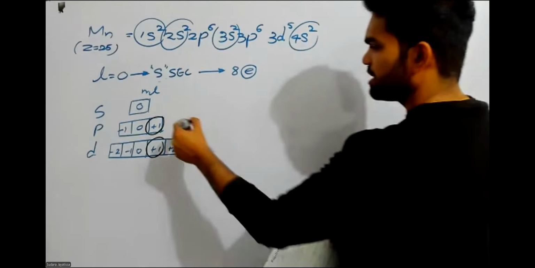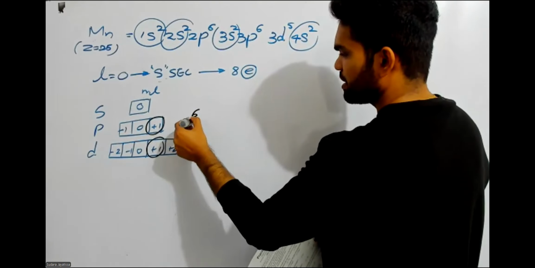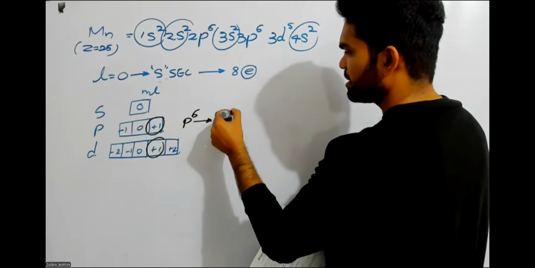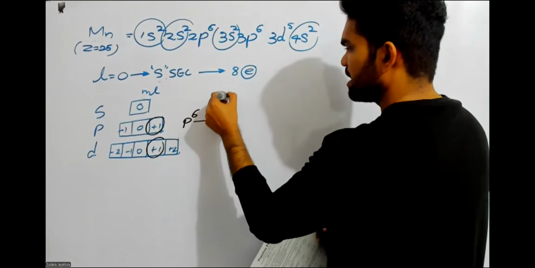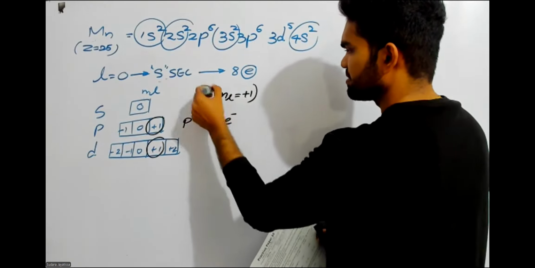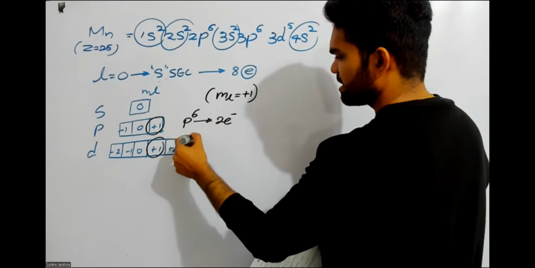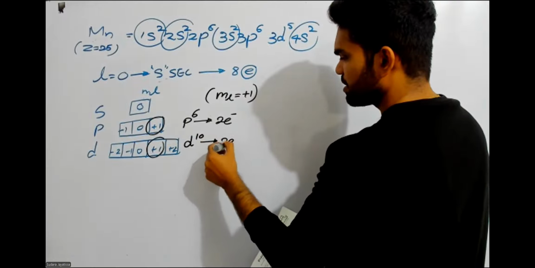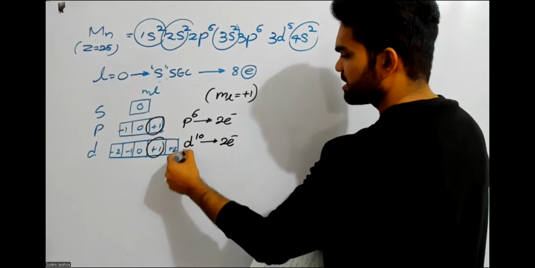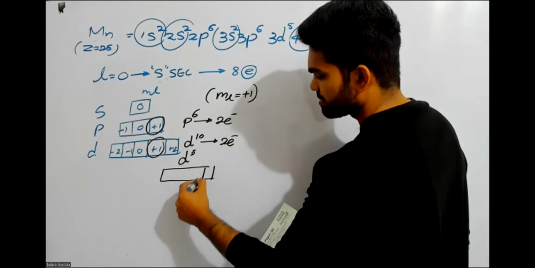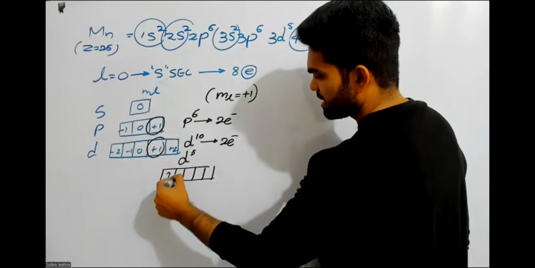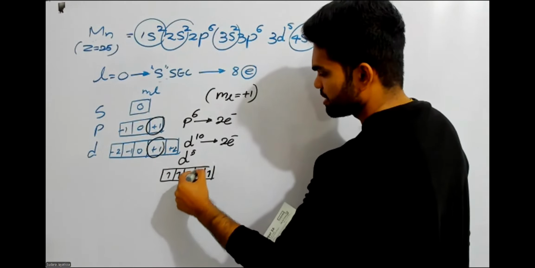That means if it is P6, two electrons satisfy the Ml plus 1 condition. If it is D10, two electrons would satisfy this condition, but here it is not D10, it is D5. That means one electron is filled per orbital, so only one electron satisfies that condition.